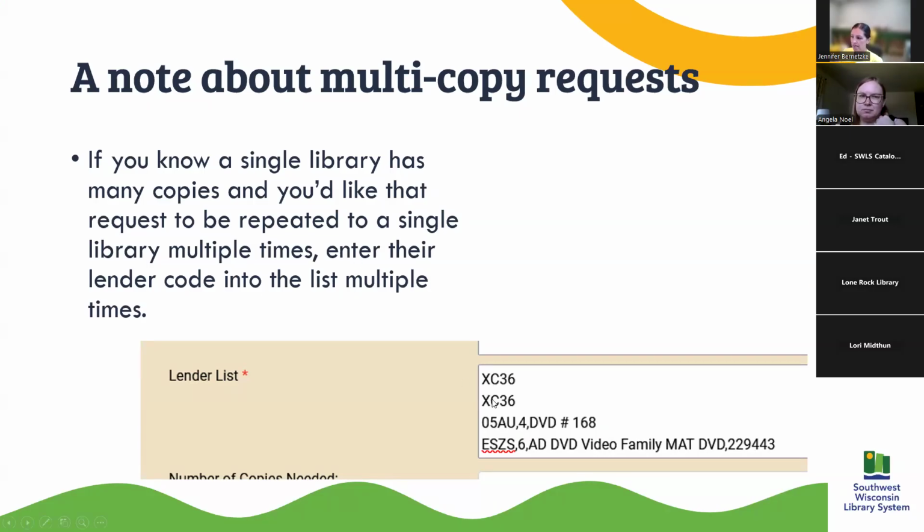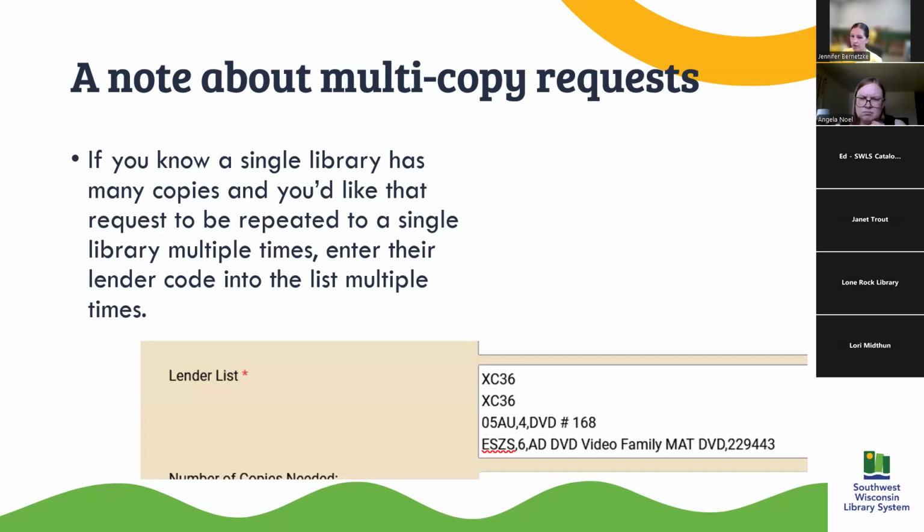If you manually enter them multiple times at the top of your lender list, it will send multiple copies straight to Milwaukee first before spreading out and going to other libraries. So this is only when you absolutely know that they have them on their shelf. But it is handy. You don't have to put the comma and the days to fill and the call number or anything. Just put their code and hit enter. And it will create those multiple requests straight to them all at once.